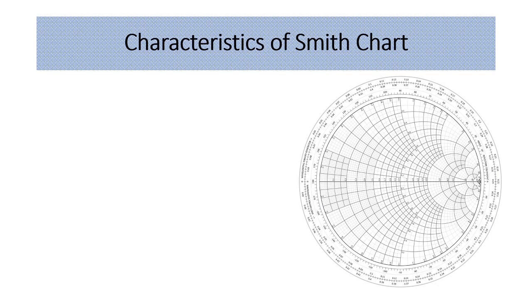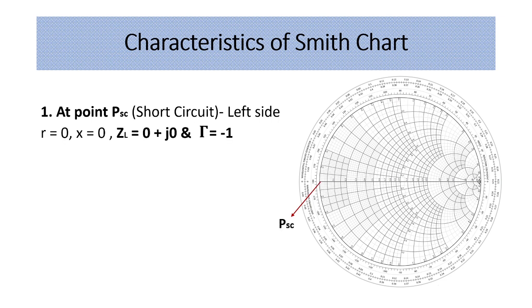So let's begin with the characteristics of Smith chart. The first point is PSC, that is the short circuit point. It lies on the left side of the Smith chart where ZL, the load impedance, equals 0 plus J0 and the reflection coefficient tau equals -1.